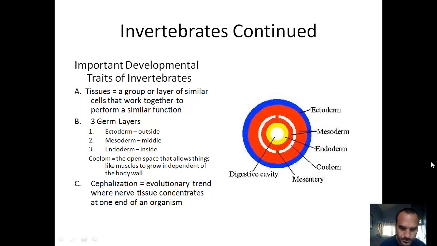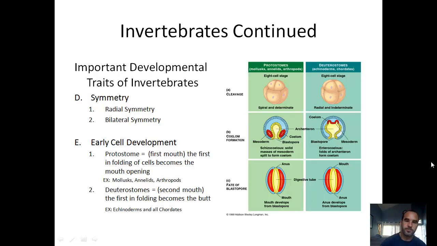Then another type of development, along with the cephalization, is symmetry. Early organisms such as a sponge, so the very first invertebrate to develop, was asymmetrical. Then the jellyfish has radial symmetry. That means it can be divided in many different ways. Think of a circle in geometry, and you can divide it in half a bunch of different times.